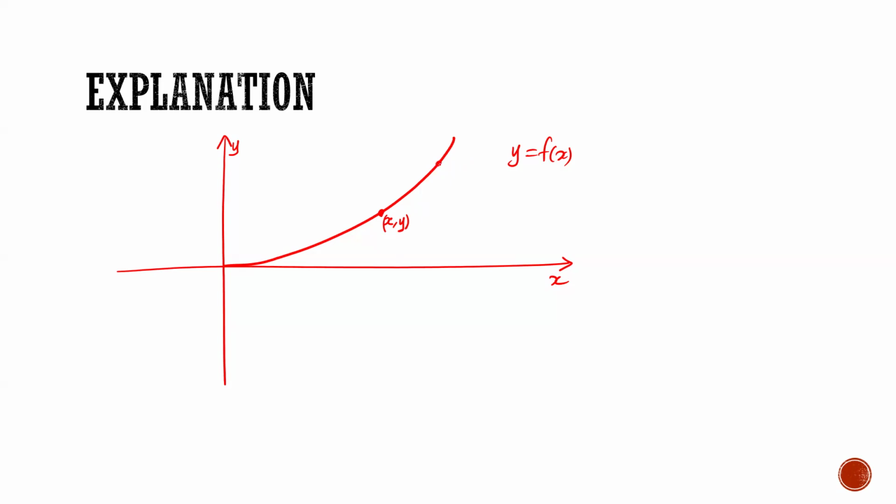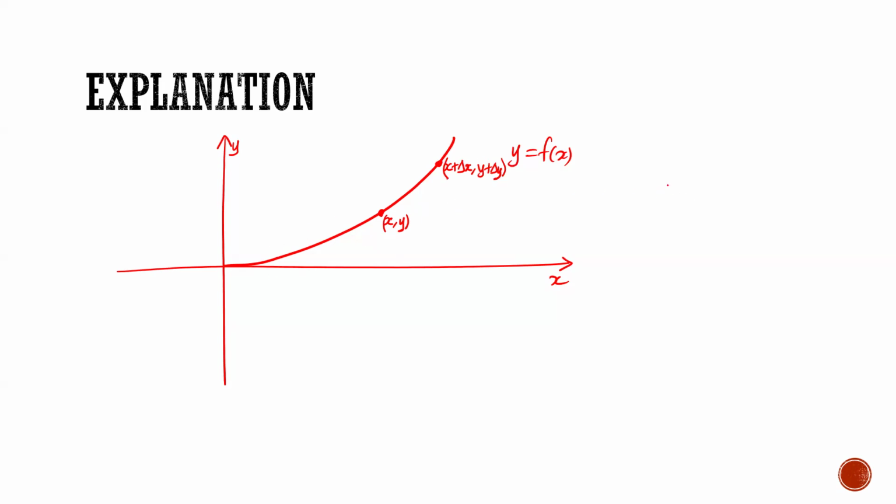And so we want to estimate the value of the function at a point x plus delta x. Let's call that point x plus delta x, y plus delta y.